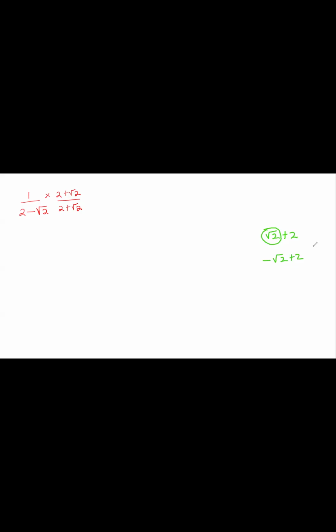Teacher, how come the sign changes? Because you are looking at how you can eliminate the root in your denominator. When you have a positive root times another negative root, it is very easy for it to vanish.